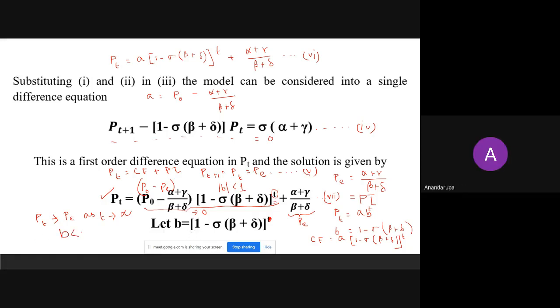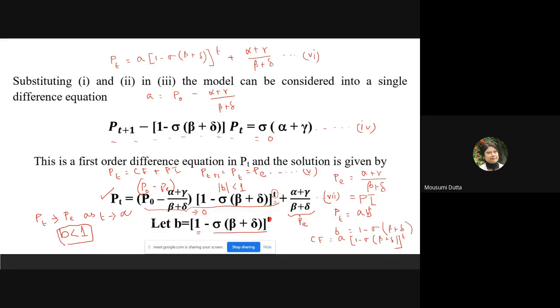Yes, ma'am, always it should be less than 1, because you are subtracting a positive factor from the value 1, a positive element from the value 1. So remember here, B should always be less than 1.